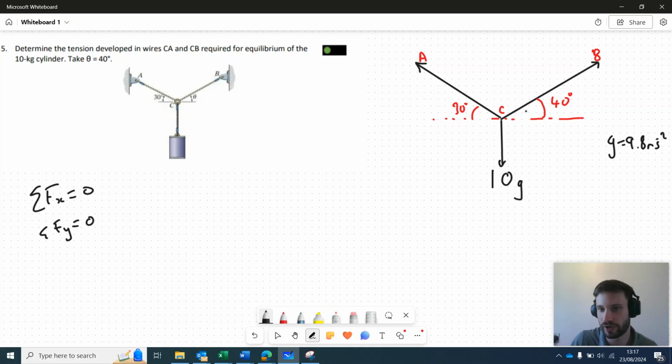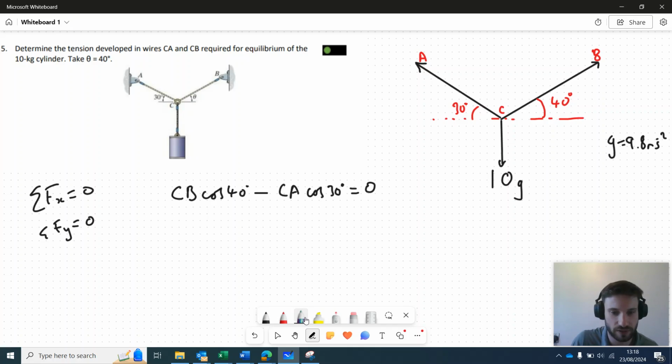So the horizontal component of CB will be CB cos 40, minus CA cos 30, and these sum to 0. Is this solvable? No, it's not, because there are two unknowns here. An equation is not solvable in its own right if there are two unknowns in it, so let's move on.